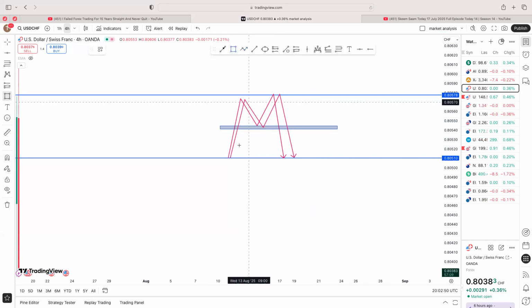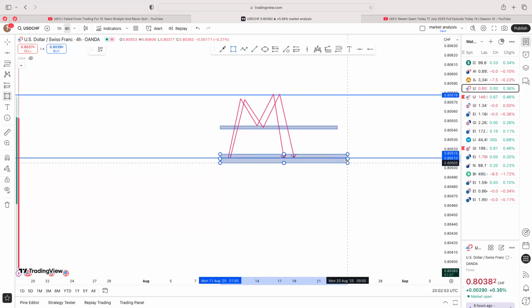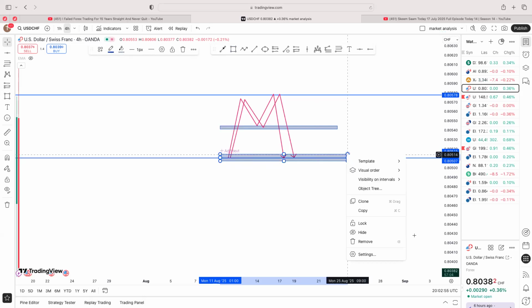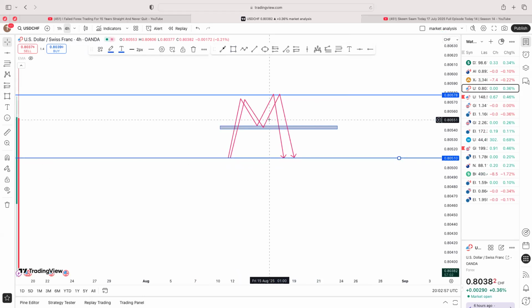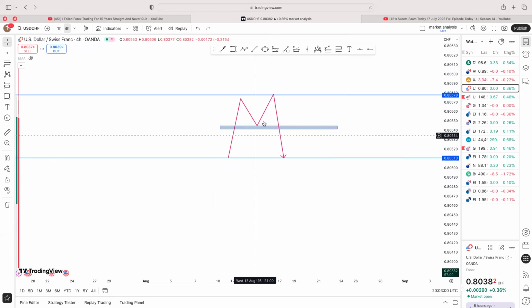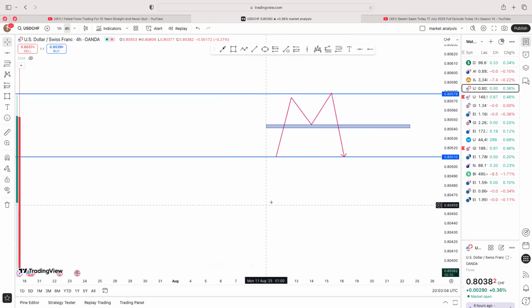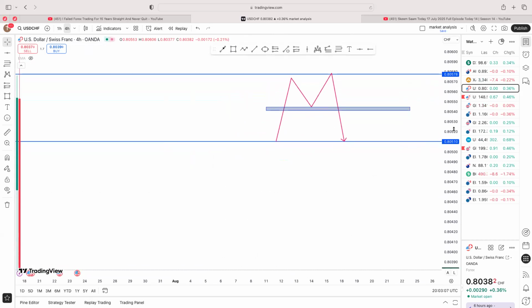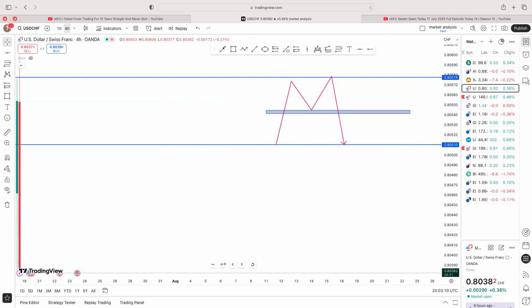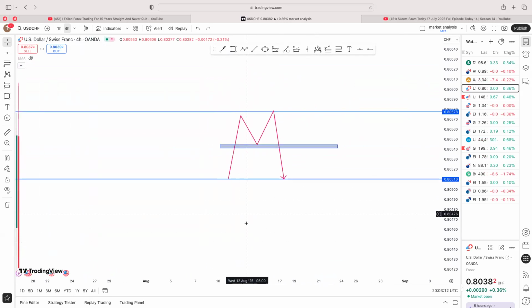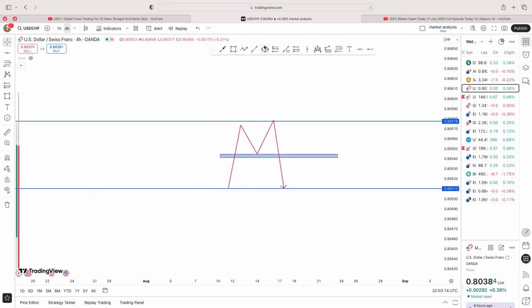Forget about this level. We don't make use of it. The most important thing you need to focus on, in order to confirm if this is a real M pattern or not, is the equal high and the neckline.